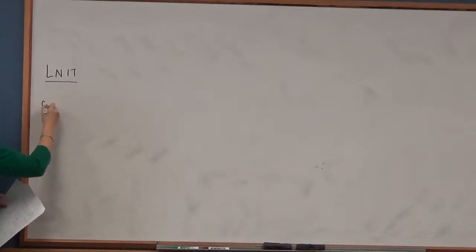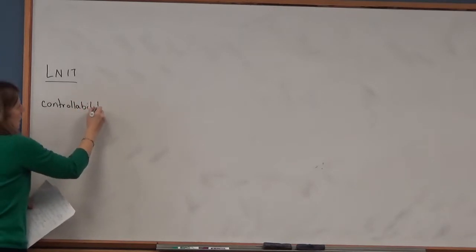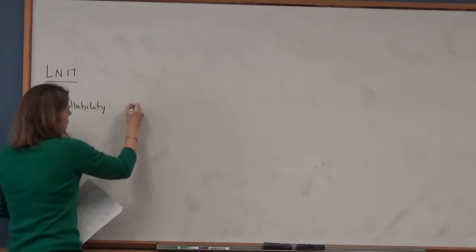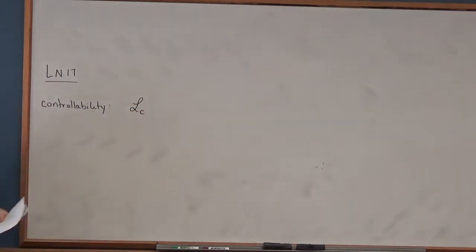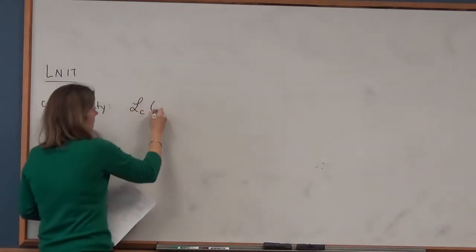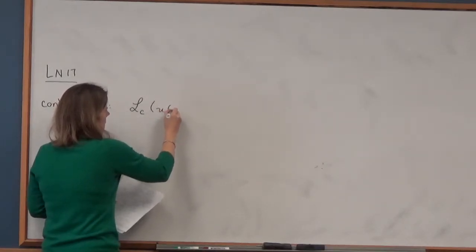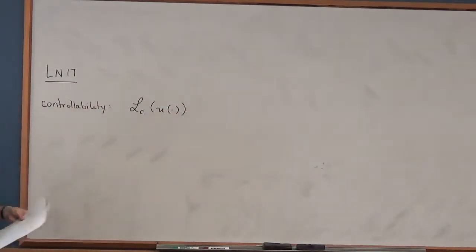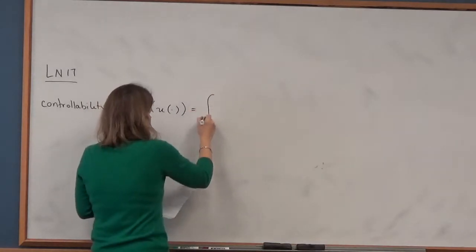For controllability, we defined the controllability map, LC, and this for linear time varying systems. So it takes the input function u between some point t0 and some time point t1, and it gives a state.